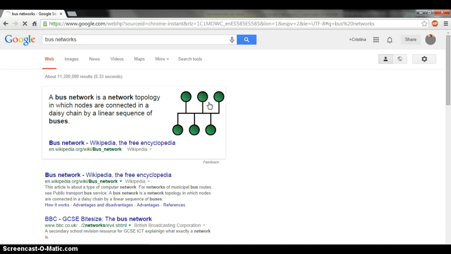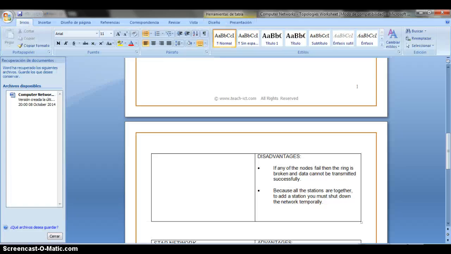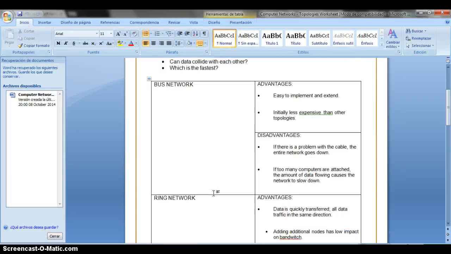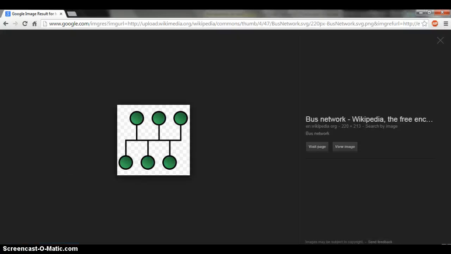The advantages are that it is easy to connect a new device to the network. If one of the devices fails, then the rest of the network can carry on as normal. The disadvantages: if there is a problem with the cable, the entire network goes down. And if too many computers are attached, the amount of data flowing causes the network to slow down.